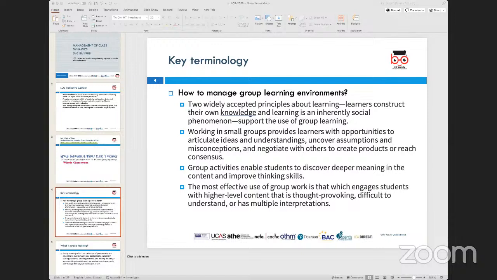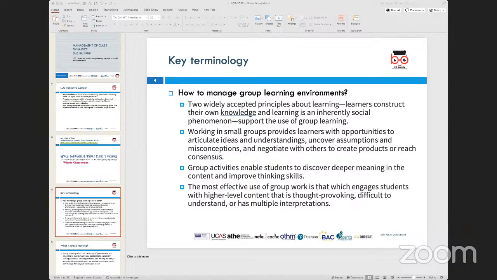When we talk about this key terminology, in terms of how learning happens in groups, there could be a lot of ways through which you look at it. Learning in groups is done primarily to help students, children, learners develop critical process skills, thinking skills, and allows them to develop their skills in general to be able to pick up the knowledge related to the content which is being taught or delivered in the class.